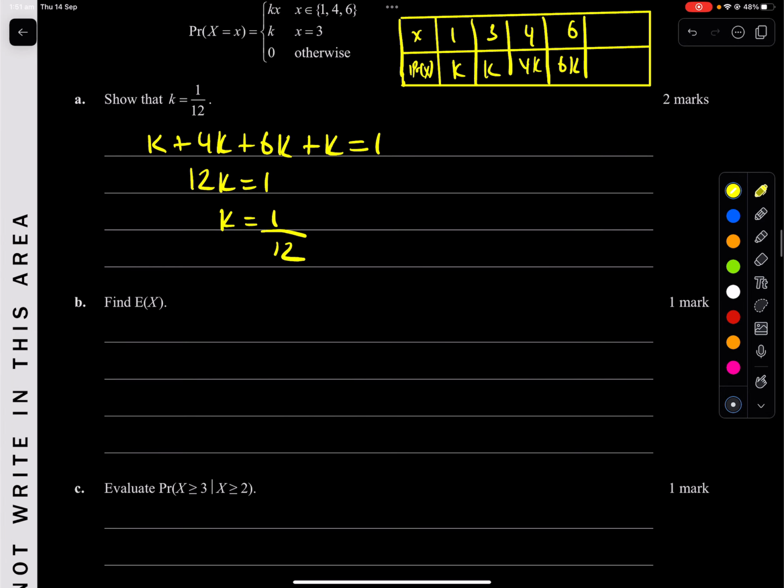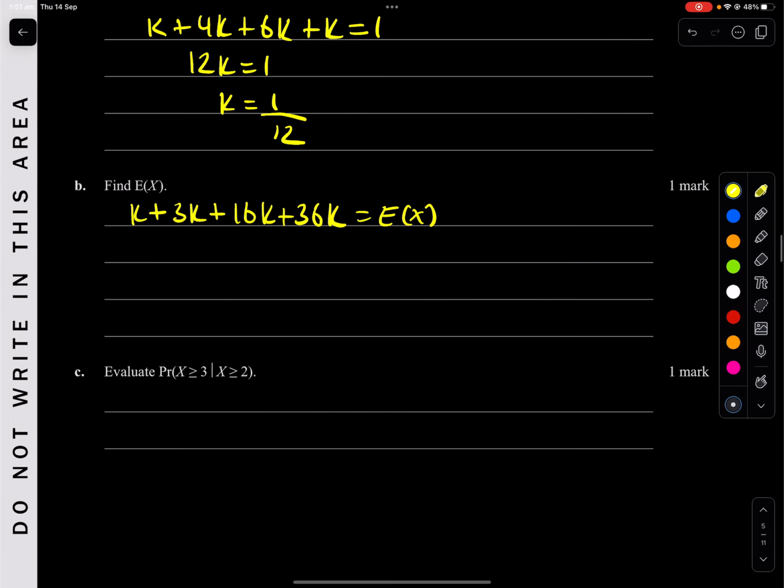So the expected value we know is just multiplying these and adding them together. So it'll be k plus 3k plus 16k plus 36k. And this is your expected value. So what's that? 20k plus 36k.